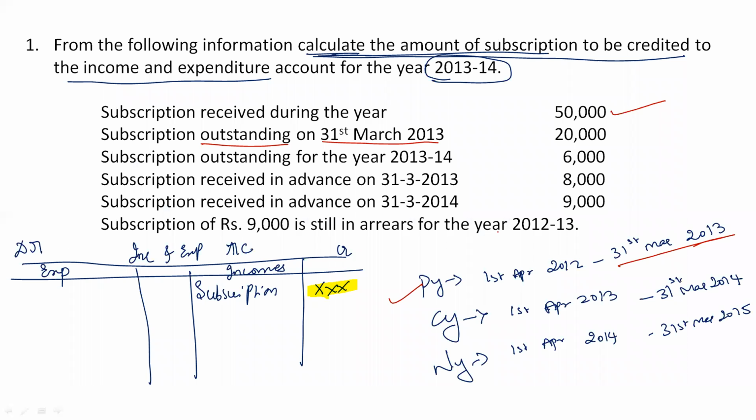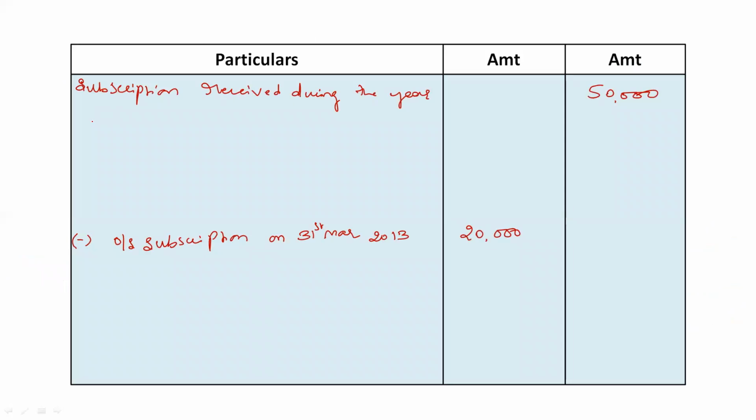Then next, subscription outstanding for the year 2013-14. Now again try to understand. Check the year. Which year is given? 2013-14. The 2013-14 is our current year. So there is some outstanding subscription related to our current year. You must be knowing already, current year transactions should be taken. So we will add this into our subscription received during the year.